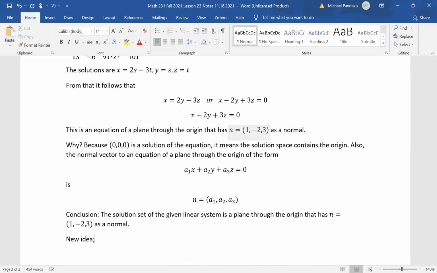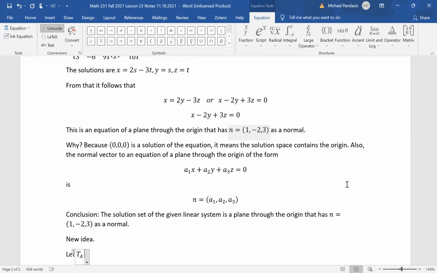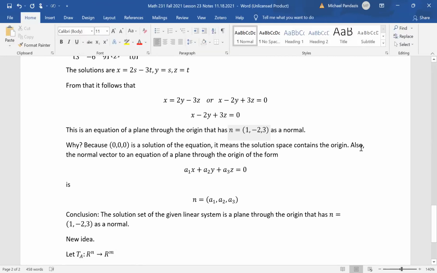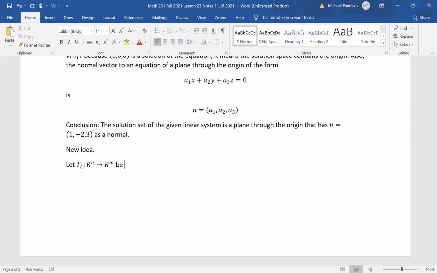New idea. Let T sub A be a map from Rn to Rm, left multiplication by the coefficient matrix A. So what is that? I'll remind you.